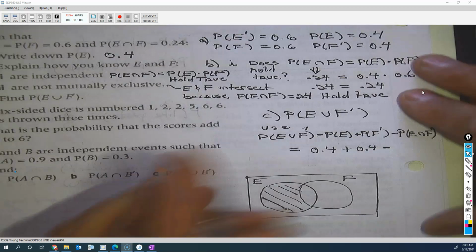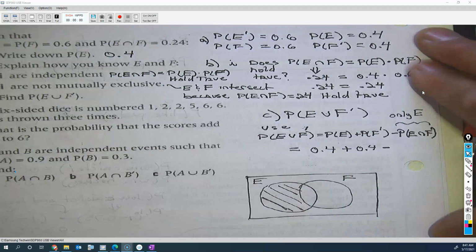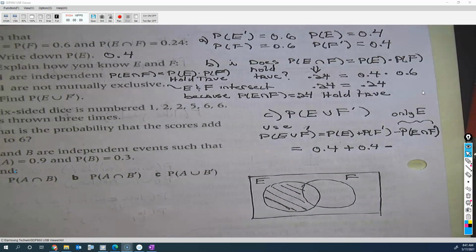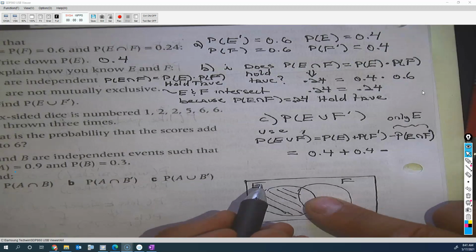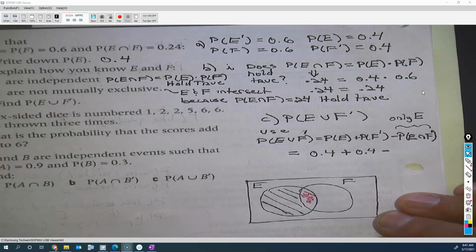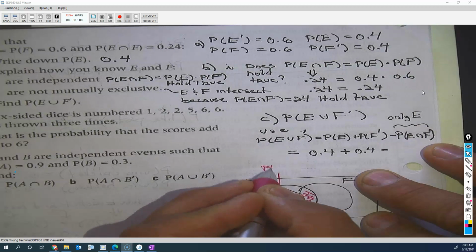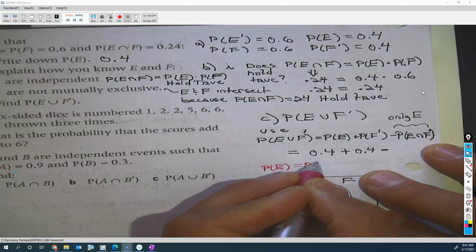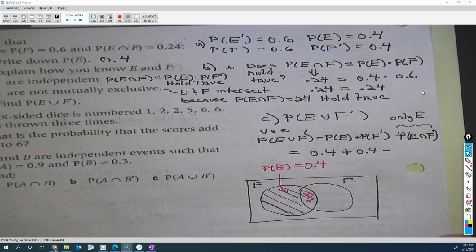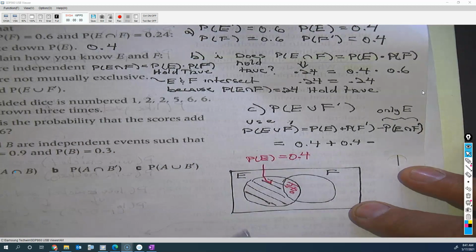Remember, this is the same as only E. We know that the intersection of these parts is 0.24. E altogether, the whole thing, is 0.4. So to get this intersection, you just subtract those two.